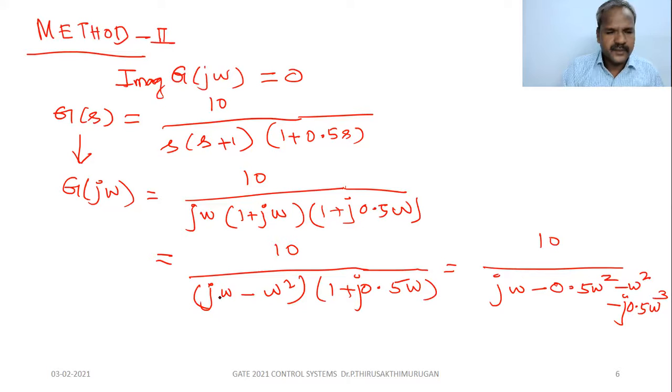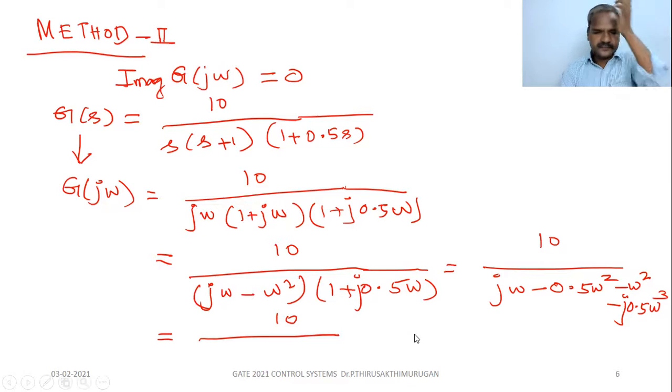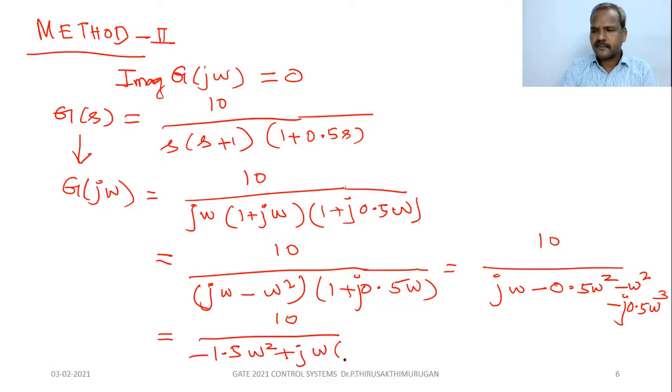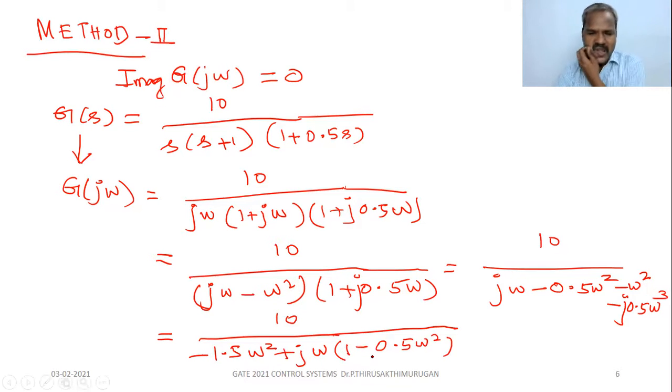So if you simplify this, this becomes 10 divided by minus 1.5 omega square. This is the real part. Imaginary part is j omega into 1 minus 0.5 omega square, if you take j omega as common term.